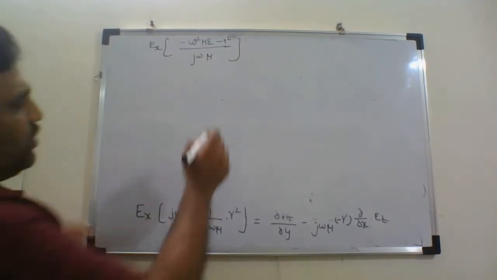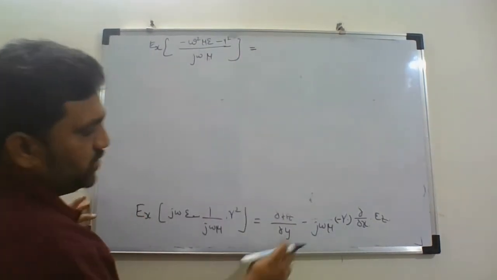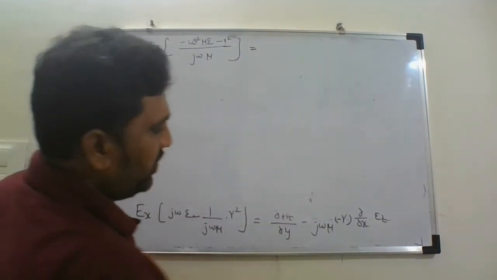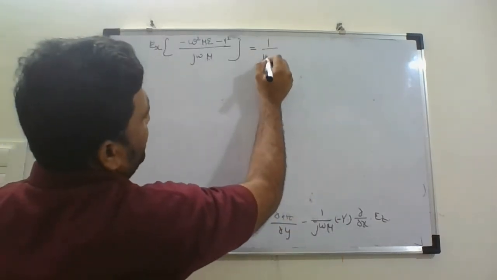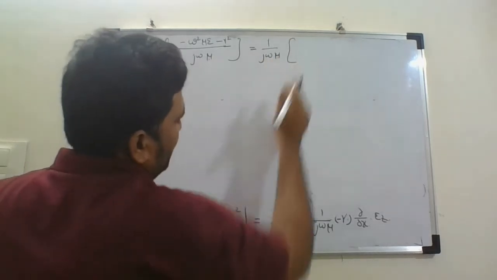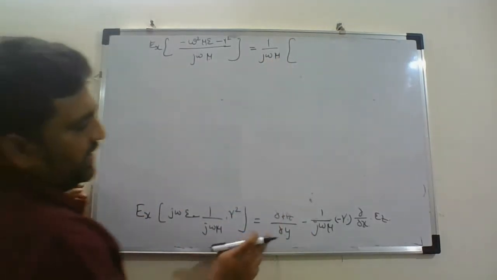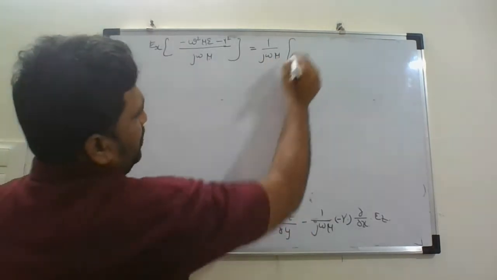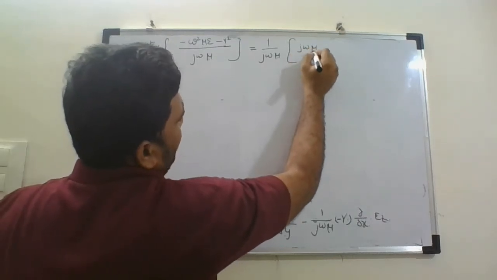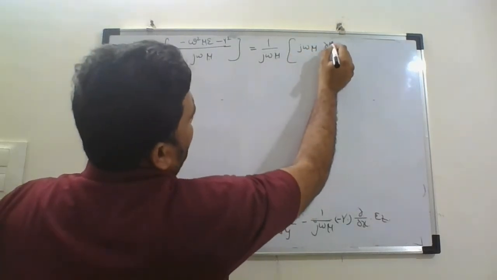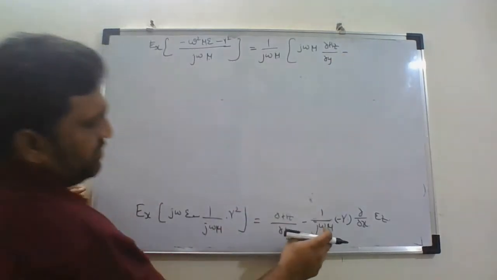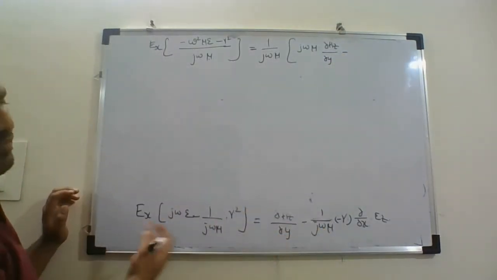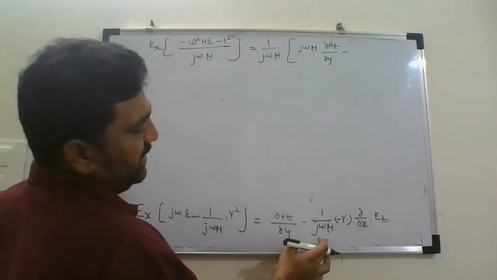Is equal to, so here let us take 1 by j omega mu common in both the terms. Here there is no j omega mu, so I will get it multiplied, j omega mu into dou Hz by dou y, minus, because I have taken j omega mu common, I will not get that again.